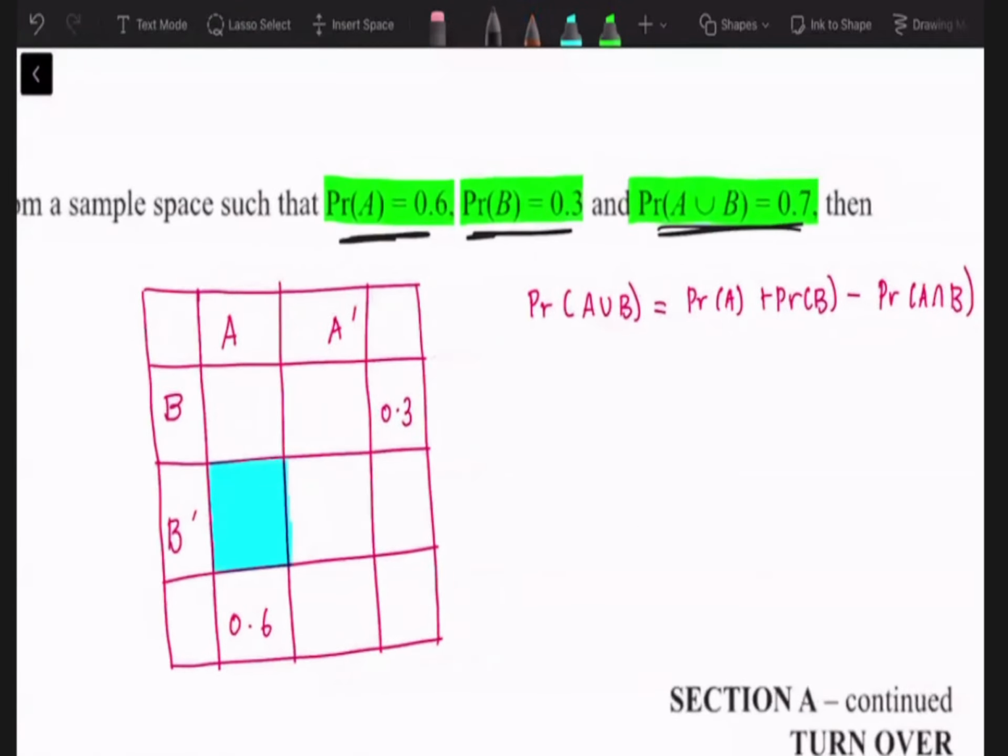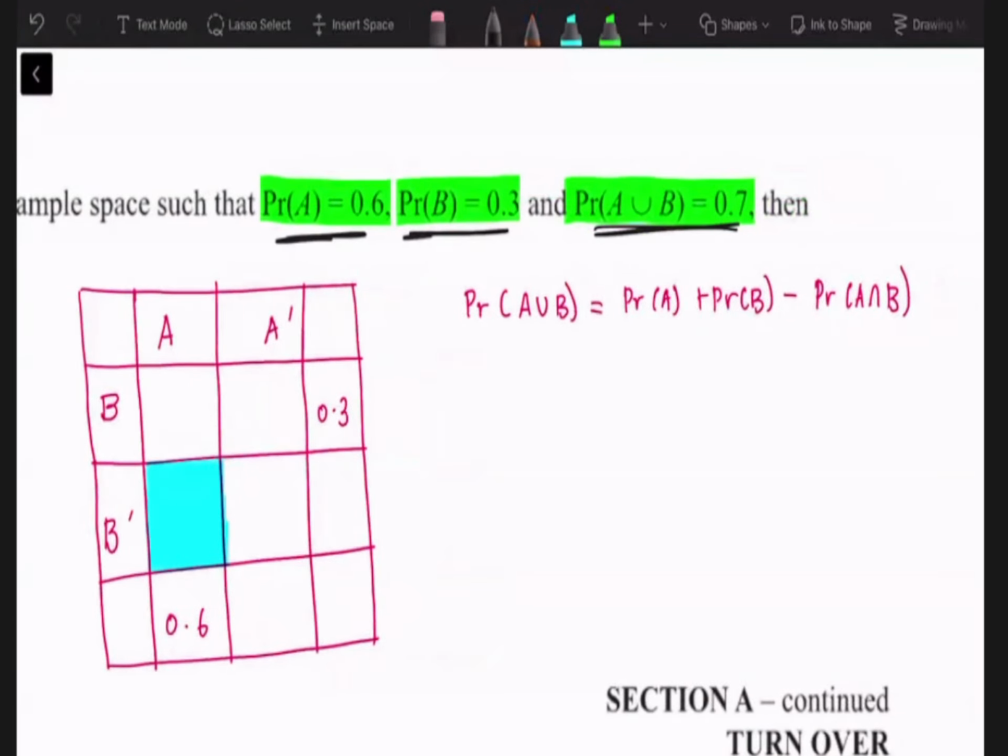I'll fill it in with what we've got so far: the probability of A is 0.6 and the probability of B is 0.3. But they've also given us the probability of A union B is 0.7. We can't fill that straight into the Karnaugh map because it only contains intersections.